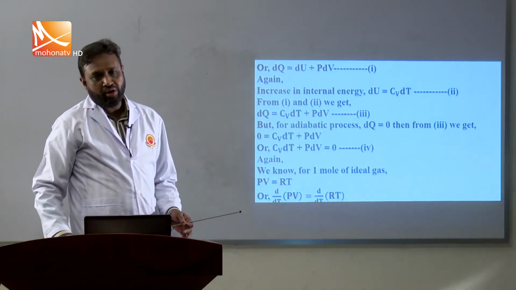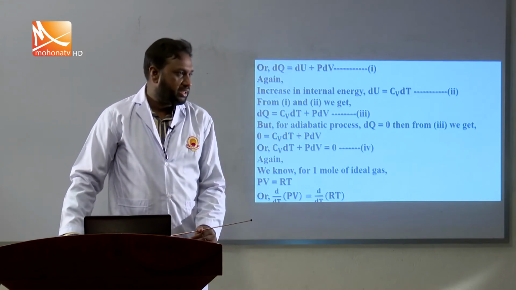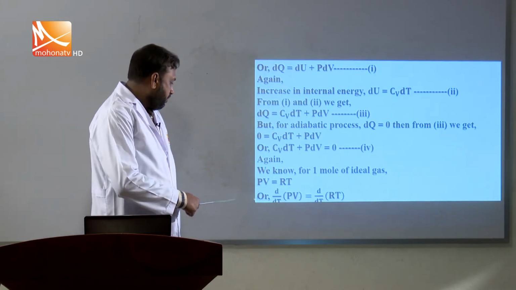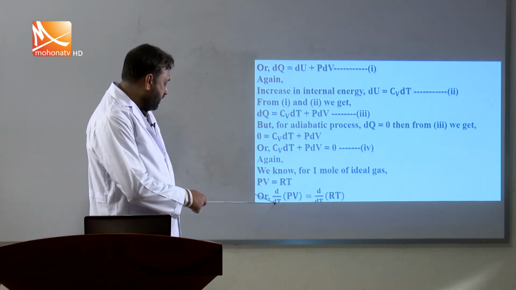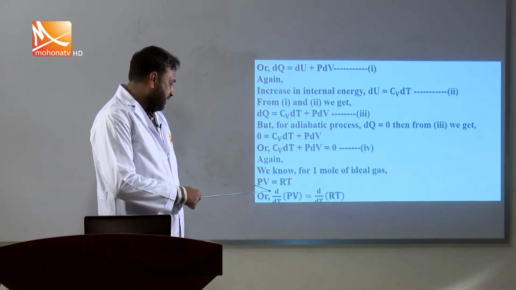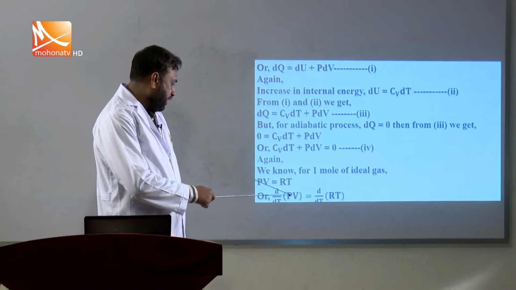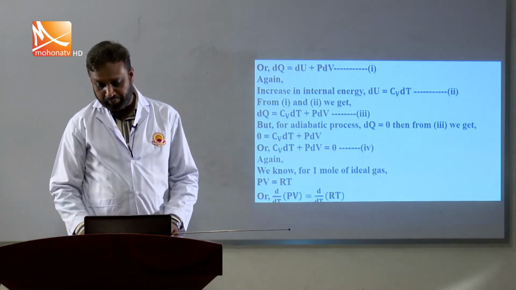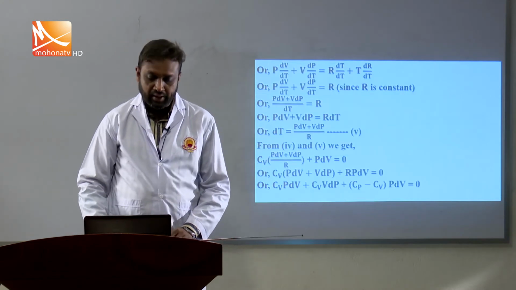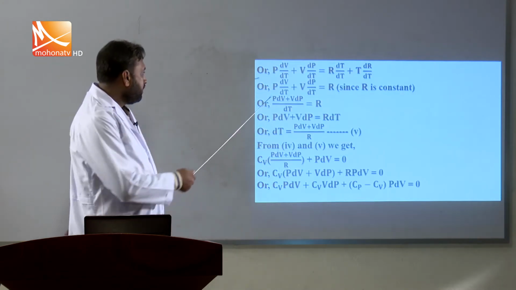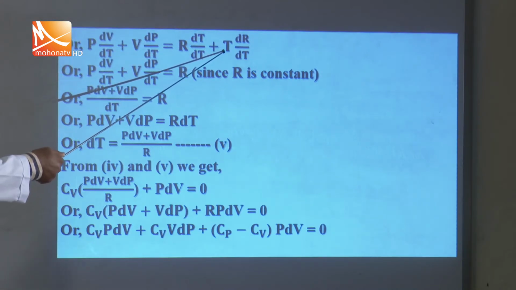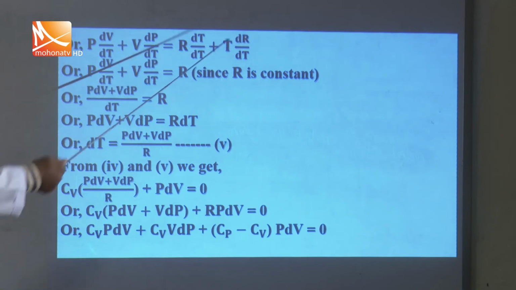Again we know for 1 mole of ideal gas PV equals RT. If we differentiate this equation with respect to temperature T, then we can write d/dT of PV equals d/dT of RT, or P dV/dT plus V dP/dT equals R dT/dT plus T dR/dT.